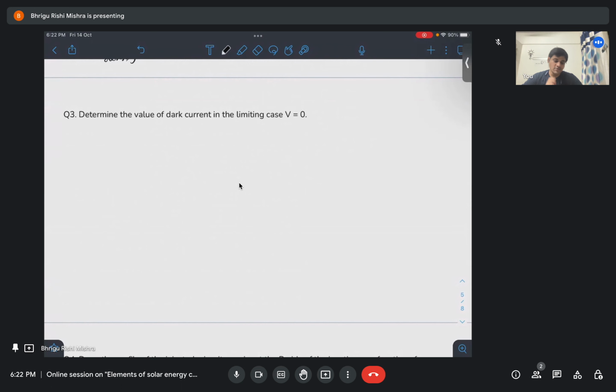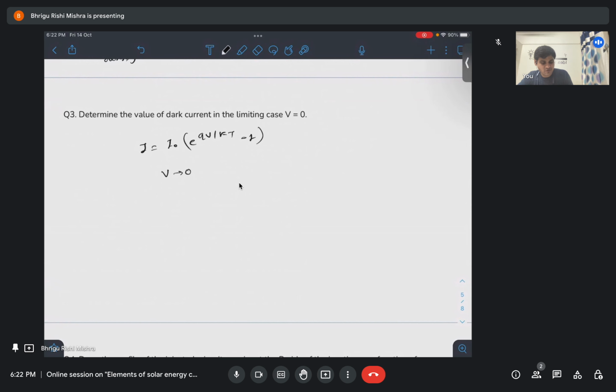So now the third question is: determine the value of dark current in the limiting case V equals 0. So we know the formula I equals I naught e to the power qV by kT minus 1. This is a very straightforward question. The limiting case is when V equals 0.